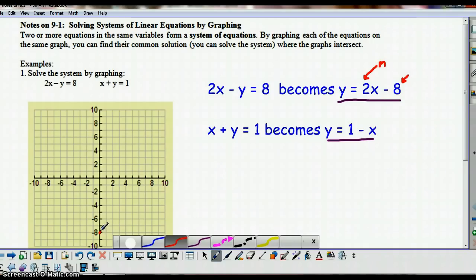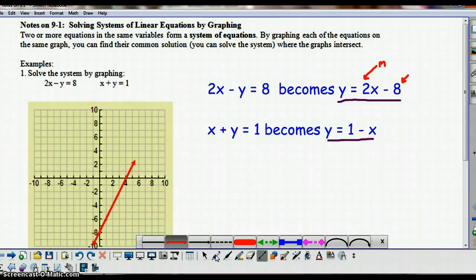So we're going to go up 2 and right 1 to get another point on this line, and up 2 and right 1. And we can continue with that pattern, and when we connect the points, we'll have our line. So here's the line y equals 2x minus 8.